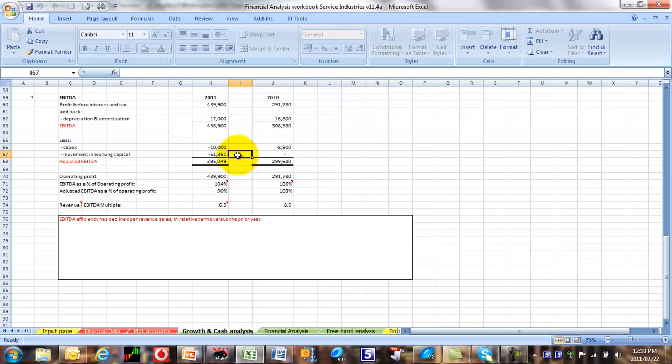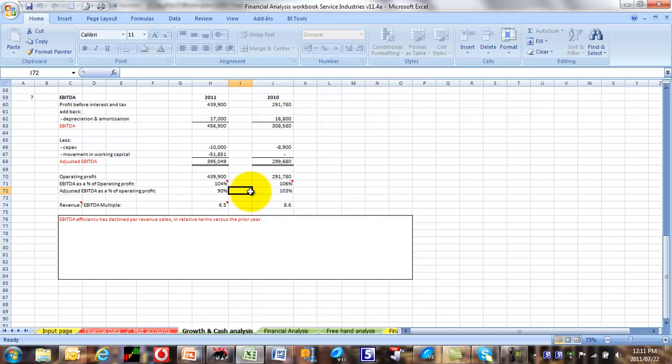So we didn't turn all of our EBITDA into cash, and I take that resultant number and do it as a percentage of operating profit, and I see my adjusted EBITDA has declined from 103% to 90%, indicating a different story at the cash flow level. At the profitability level, my multiple is improving from 8.6 to 6.5, but at a cash flow level, my EBITDA adjusted for cash flow items has declined from 103% to 90%.